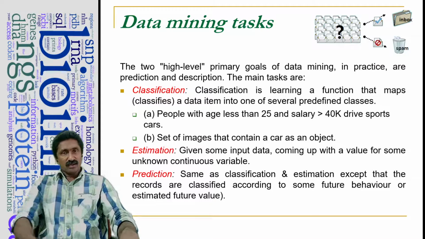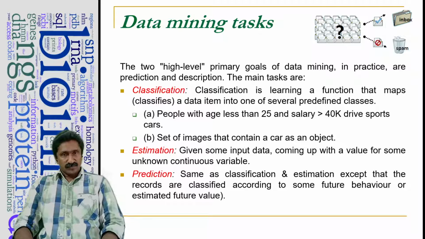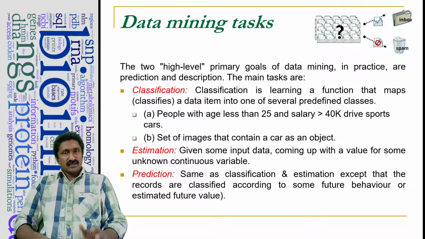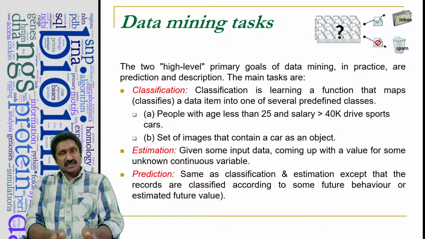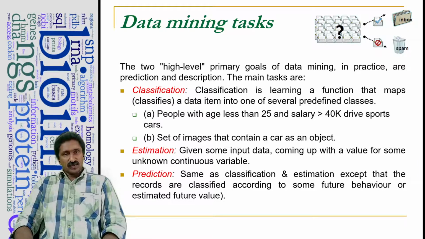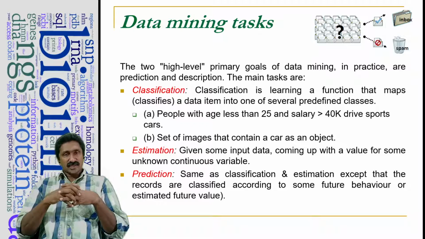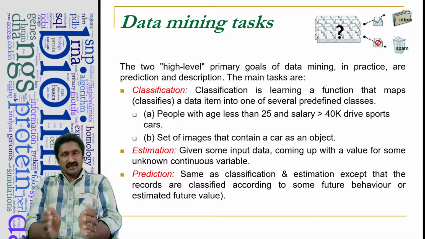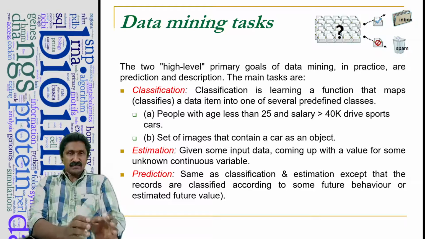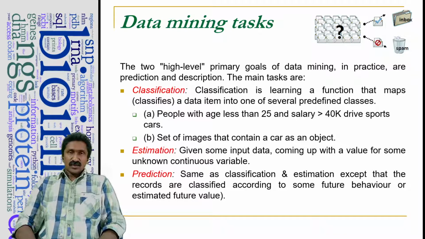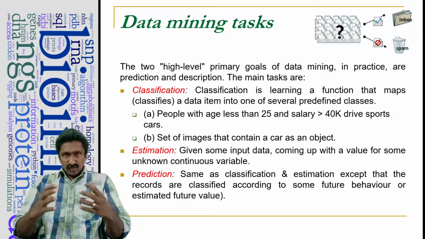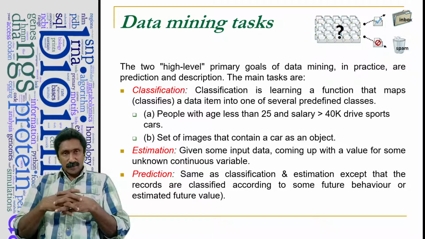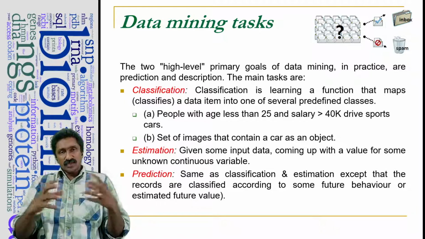So by correlating all these things, they can be classified as a group, by the assumption that they are more interested in sports cars. Or you can group another one, like a set of images containing a car as an object. You can analyze all the images and group together all the images which contain a car. Any function like image analysis or classification or grouping of people are all groupings based on different conditions.